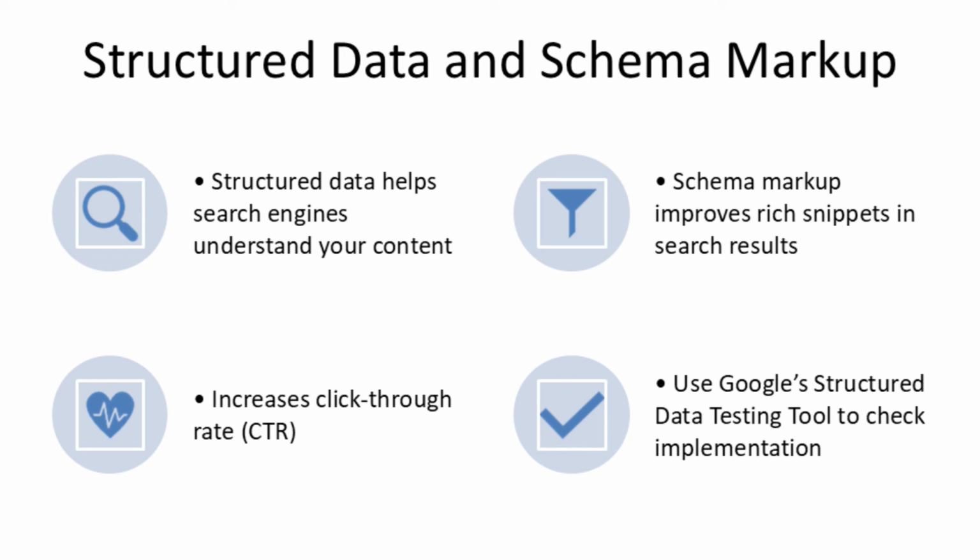Now, rich snippets like star ratings, prices, or even dates improve the visibility and attractiveness of your search results. So, adding schema markup doesn't directly improve rankings, but it can increase your click through rate because your website's results stand out more in search.